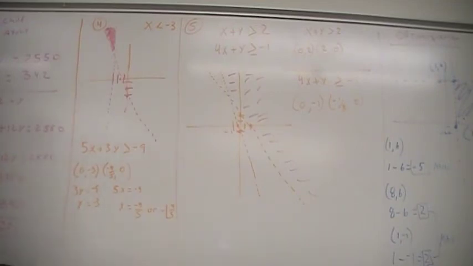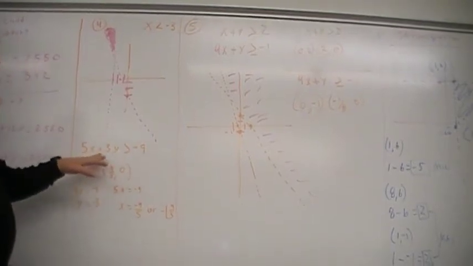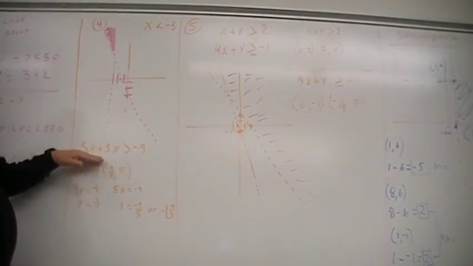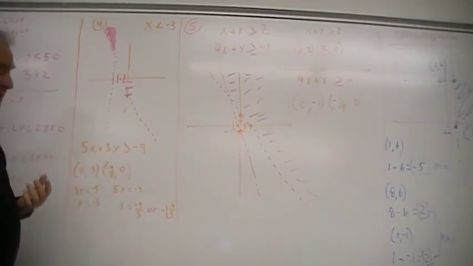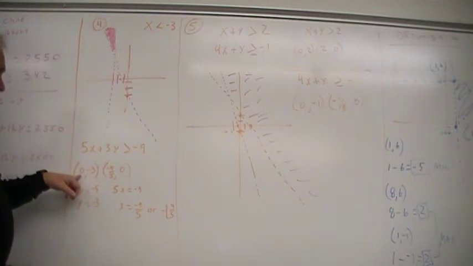Now, I do want to bring this up, where I brought it up a lot this year, the ability to take an equation in standard form, in this case an inequality, and graph that. Make the 2 points, the 2 axis points that it crosses. So when x is 0 and then when y is 0.